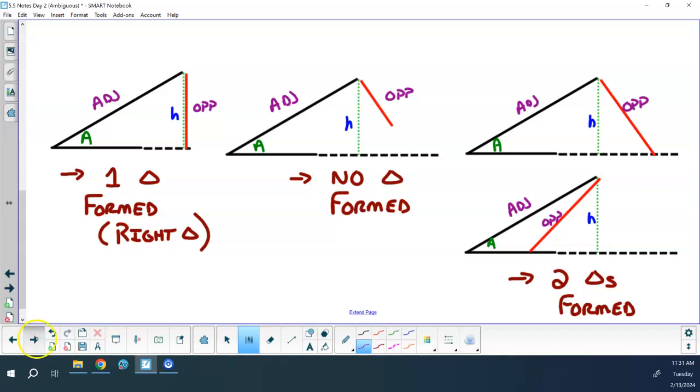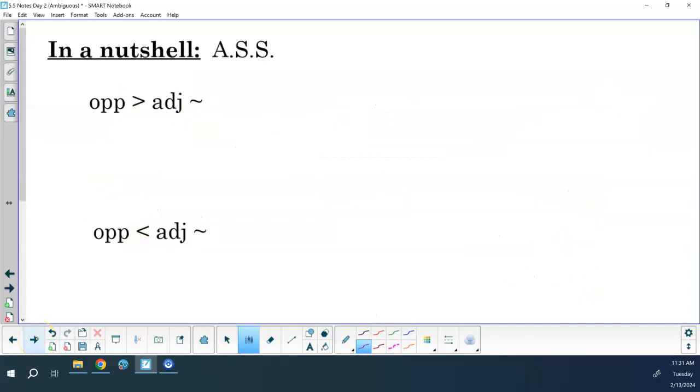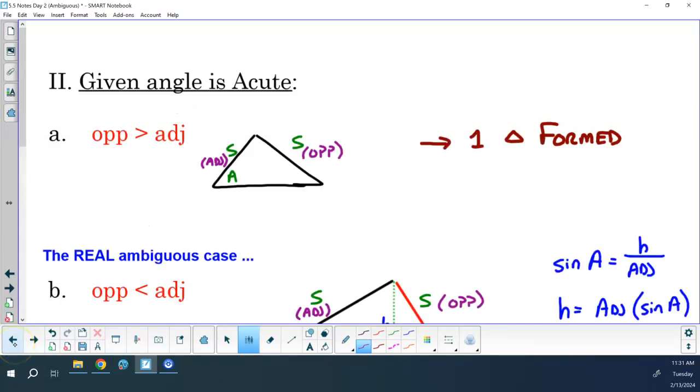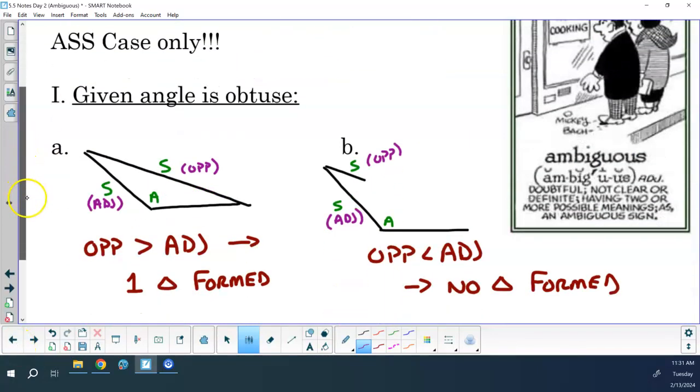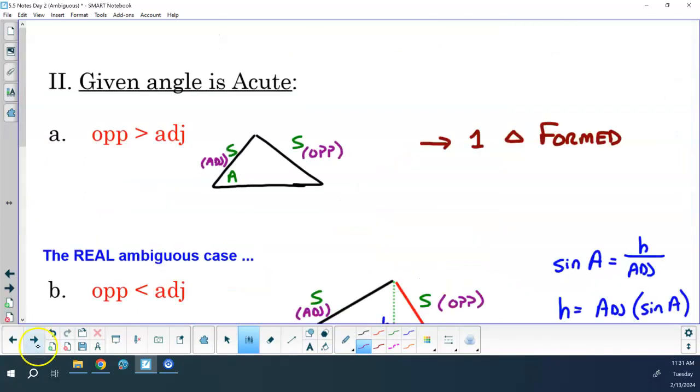Okay? So let's break it all down into when we're just dealing with the angle side case. In an angle side case, if my opposite side is bigger than my adjacent side, so that would be here, one triangle got formed, and down here in the obtuse case, opposite side was bigger than the adjacent, one triangle is formed.